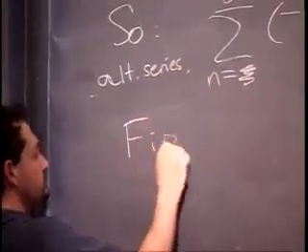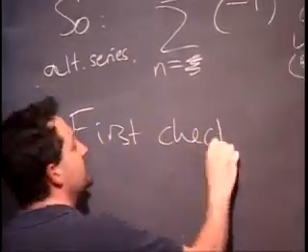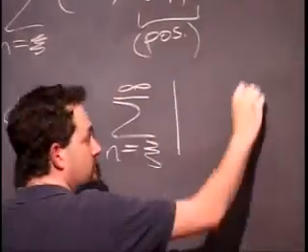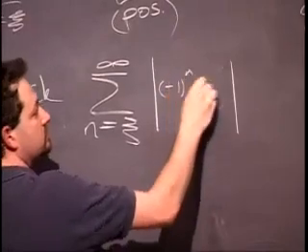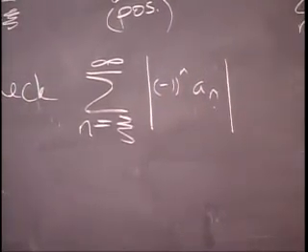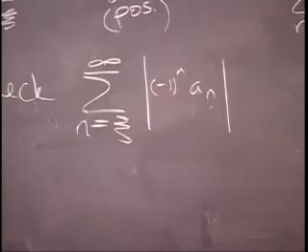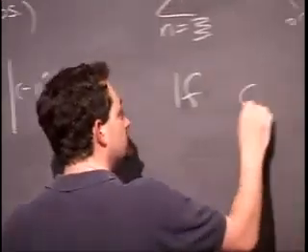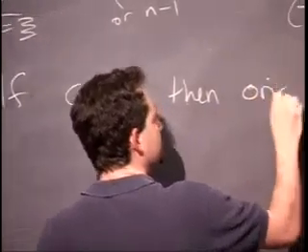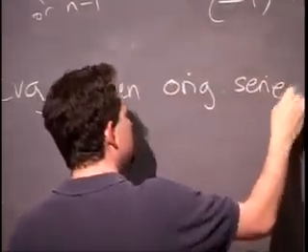Okay? So, if you have an alternating series like this, first, check the absolute value version, which, after all, is just the sum of the a_n's. First, check the absolute version. If this converges, then the original series converges absolutely.